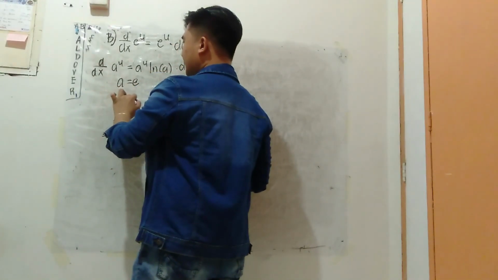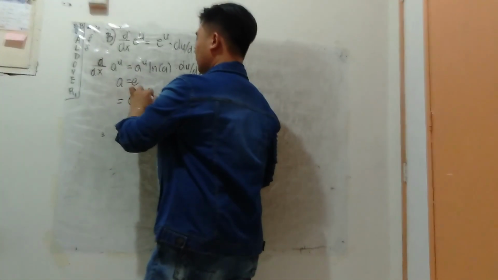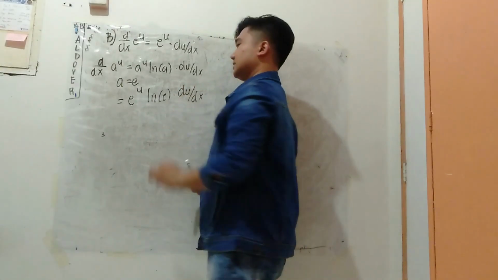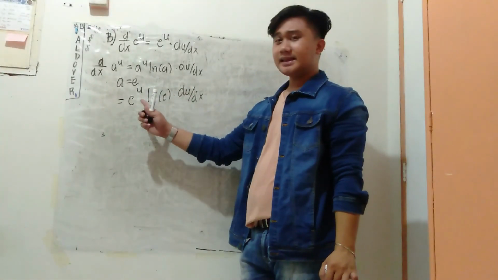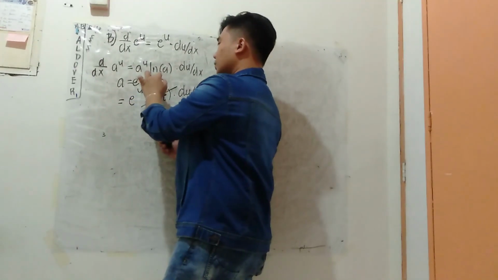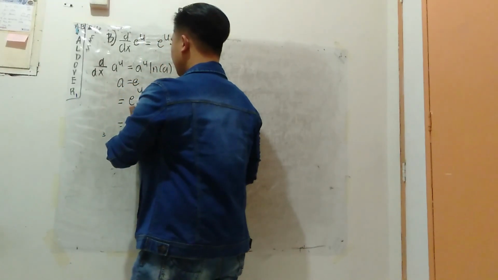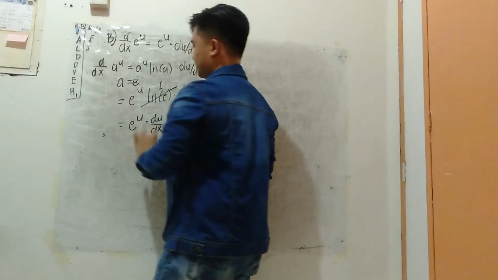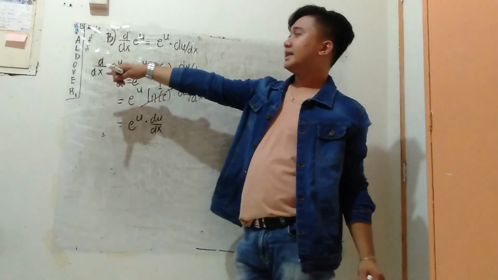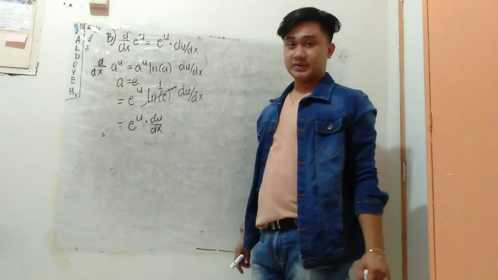So, di ba, e raised to u, papalitan ko nga ng e yung a eh, ln of e times du dx. So, anong makakancel dyan? Ln ng e. Kasi ang ln of e is just 1. That is why this is e raised to u times du dx. Okay? As you can see, ito nanggaling lang din po dito. Okay? Kahit hindi mo na to i-memorize actually.